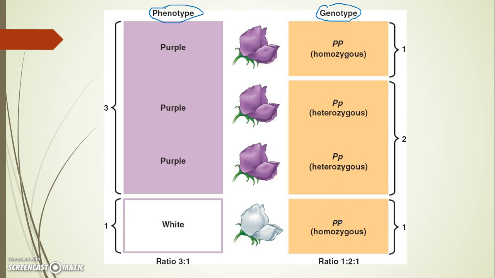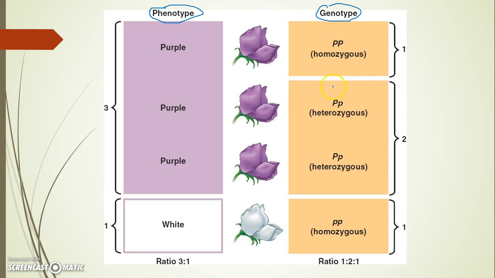That's the behind the scenes, and the capital P stands for purple, the lowercase p stands for white, and the letters are just used as symbols, so you could use any letter. They're just using P's because we're talking about pea plants, and we're using the color purple, so that just keeps it easy.